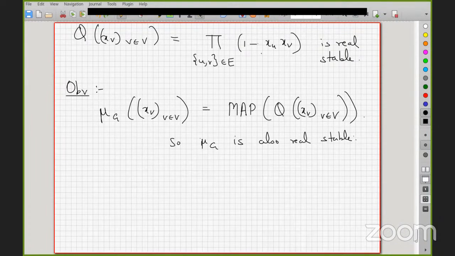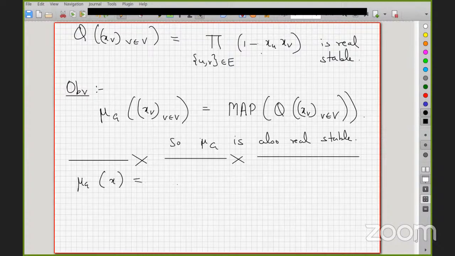Okay, so what is this good for? Let's just see something. Suppose I put all the variables equal to x. So this means in particular that mu_G(x), which is the summation of minus 1 to the size of the matching, x to the power 2 times the size.